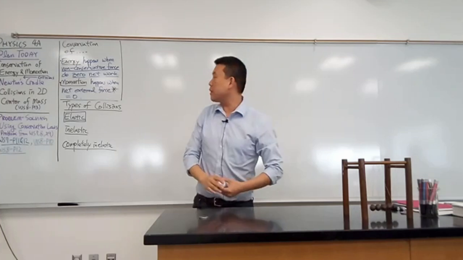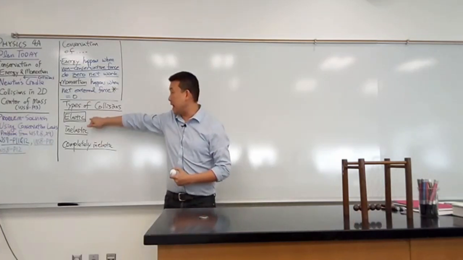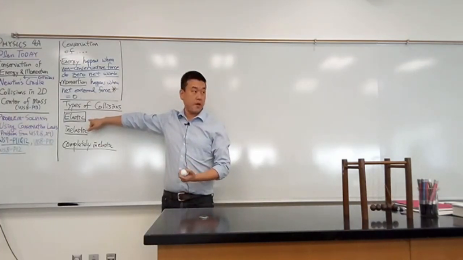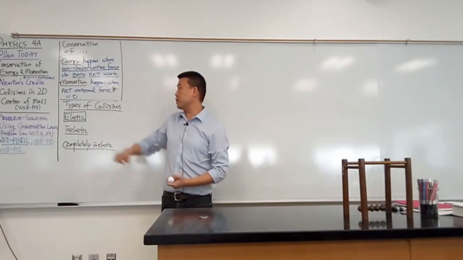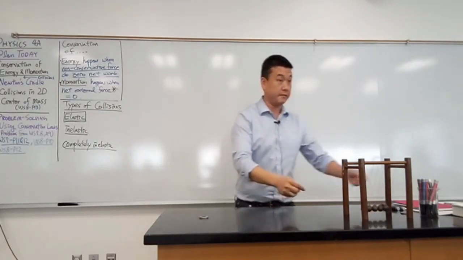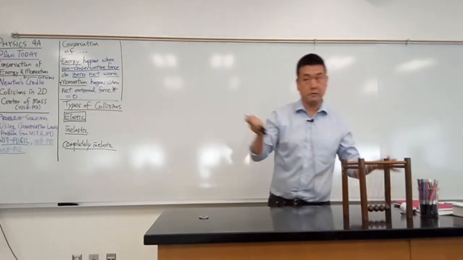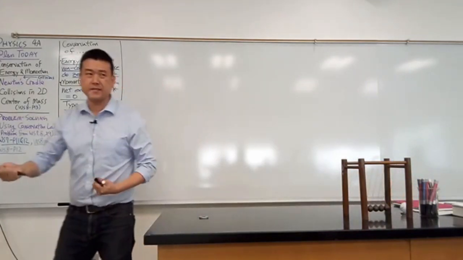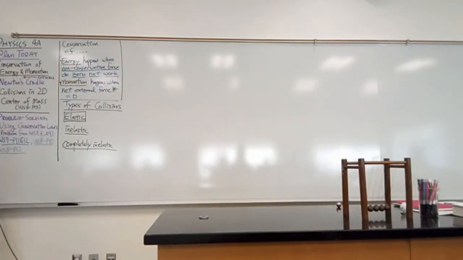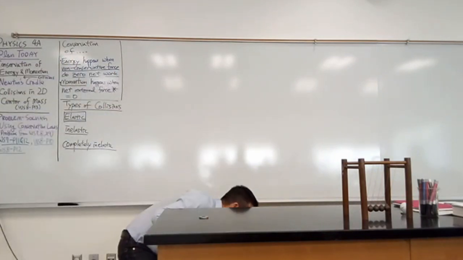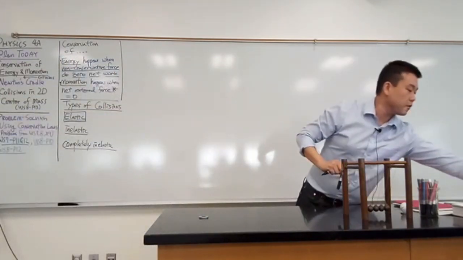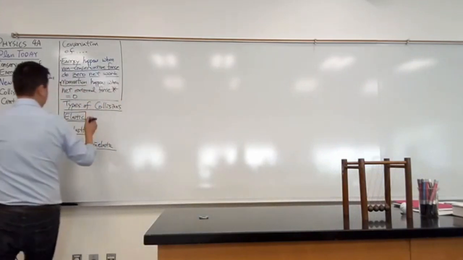So what I want you to associate with the word elastic is conservation of energy, in particular conservation of kinetic energy. That will be the definition that will hold through almost all your classes, even in particle physics. When people say elastic, they are talking about total kinetic energy being conserved.